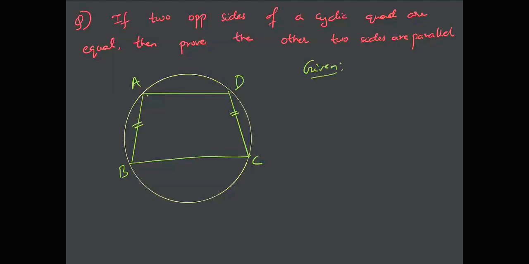It is given that AB equals CD, opposite sides are equal. We need to prove that the other two sides are parallel, that is, AD is parallel to BC. This is what we need to prove.